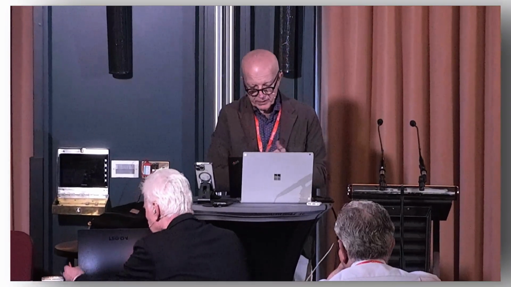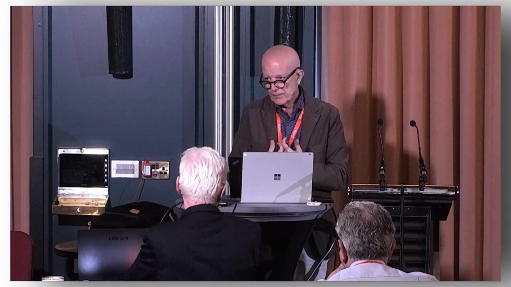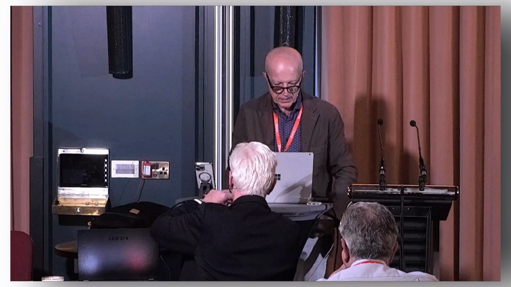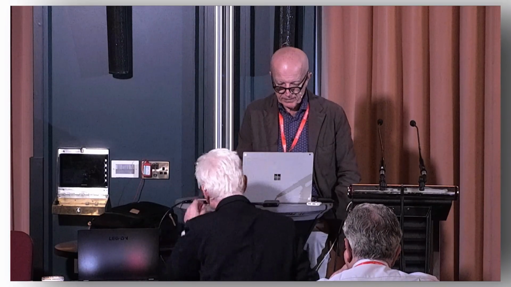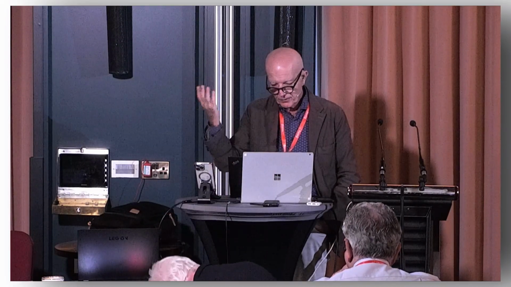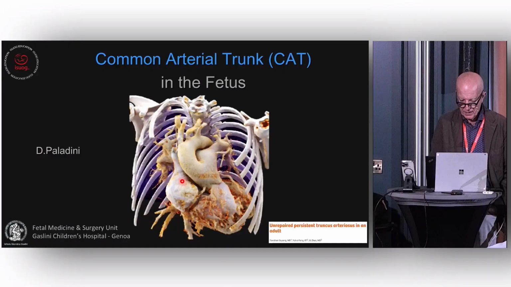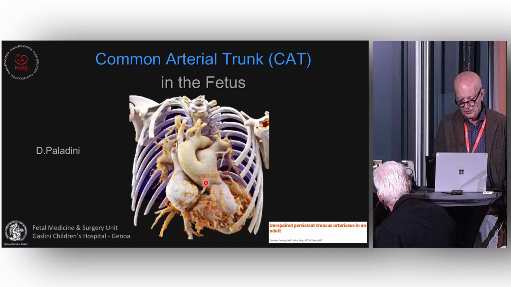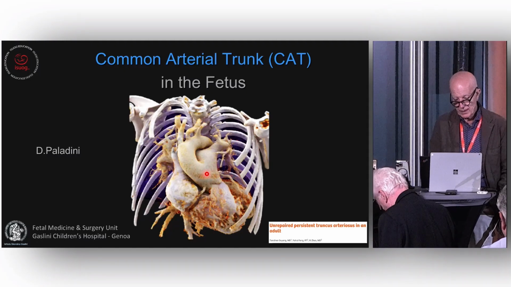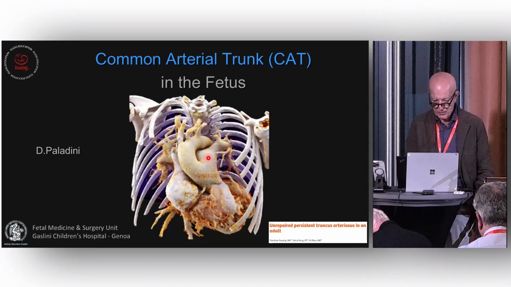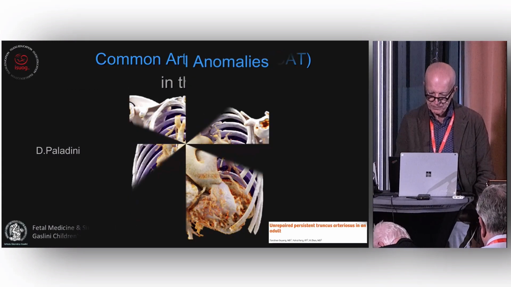So, good morning again. Now we're moving into the abnormal pathologies, and this is again for malalignment VSD. As for the last slide by Simon, you see here also from China a case of unrepaired truncus in an adult, and you see nicely the anatomy on this image.